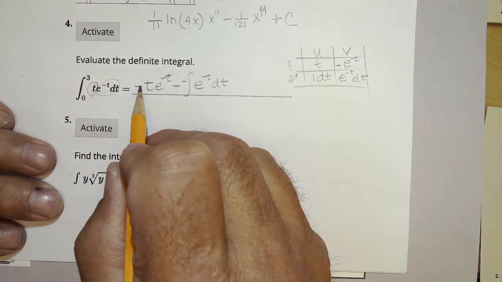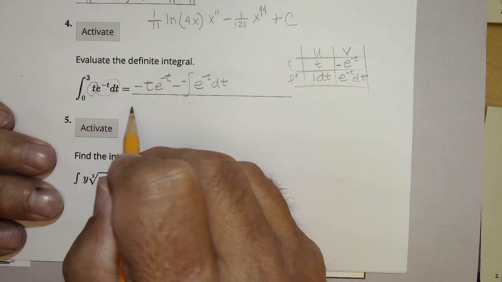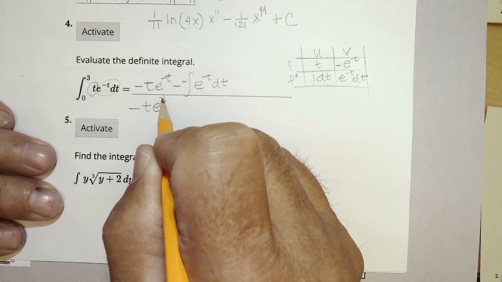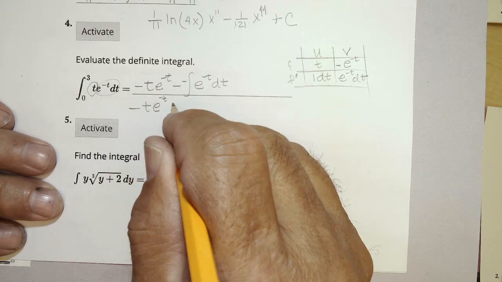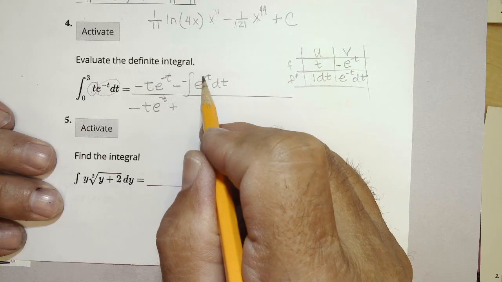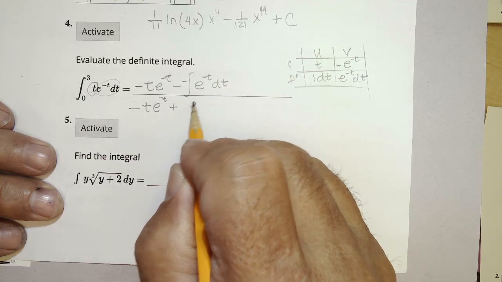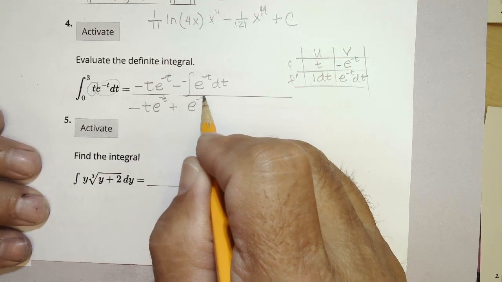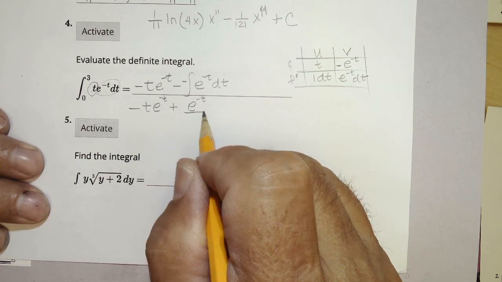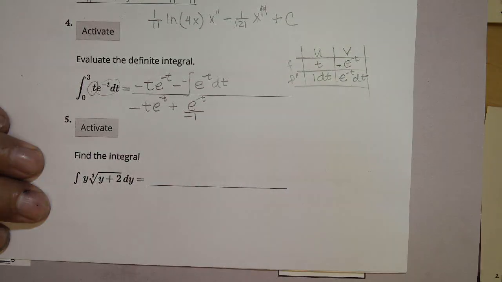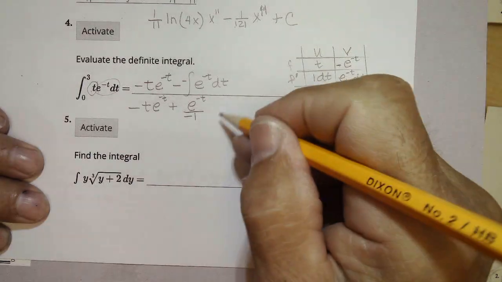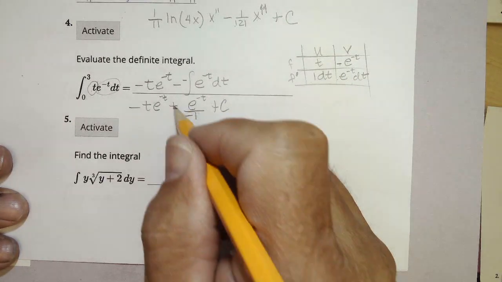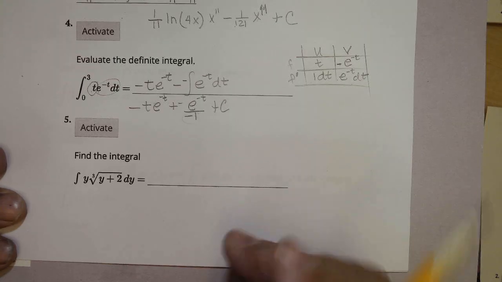And those negatives don't cancel, so this is negative t e to the negative t plus the antiderivative of e to the negative t, which is e to the negative t divided by the negative 1 that you would get there if you took the derivative, plus c, and you can write this negative right there if you want.